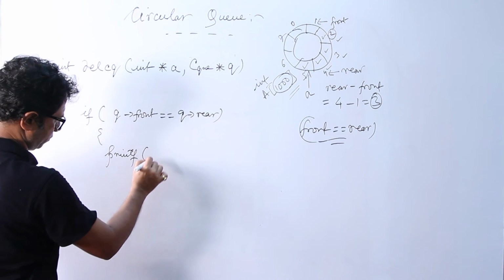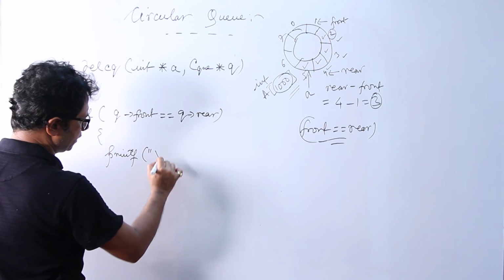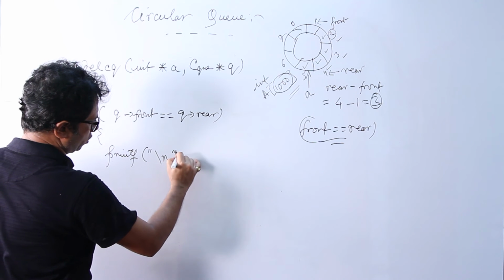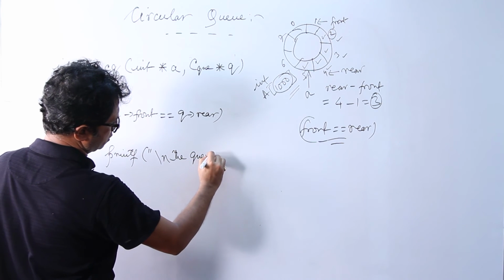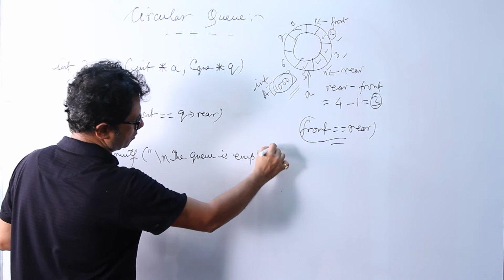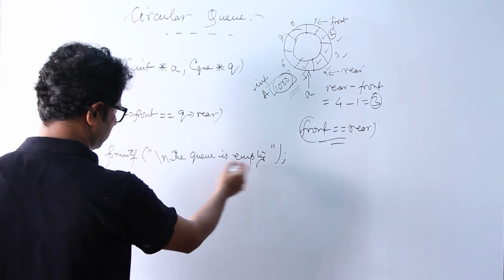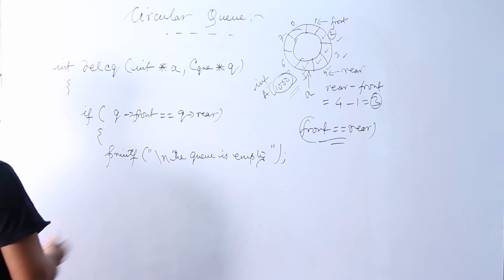So I will just print a message by this expression statement: the queue is empty, or deletion is not possible. Anything you may write in this position.